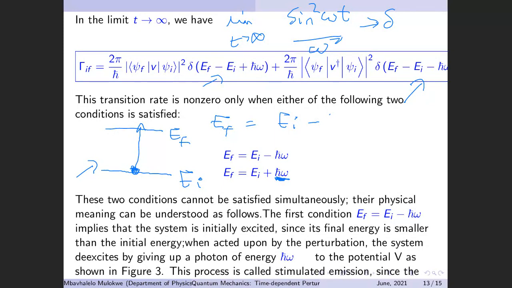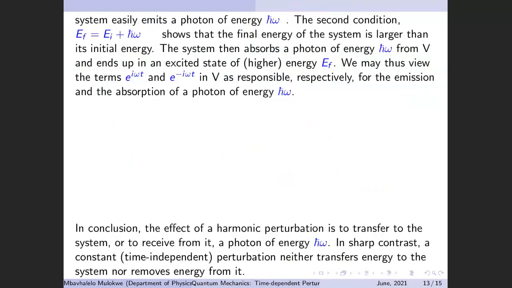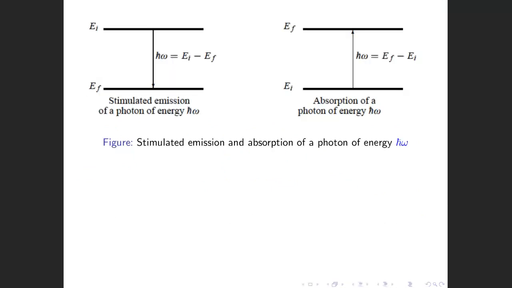Or you could have started with E initial and then emitted a photon, and then you transition into a lower state. So E final in this case will be given by E initial minus h bar omega. So you're dealing with either stimulated emission or just plain absorption, which are these 2 cases.